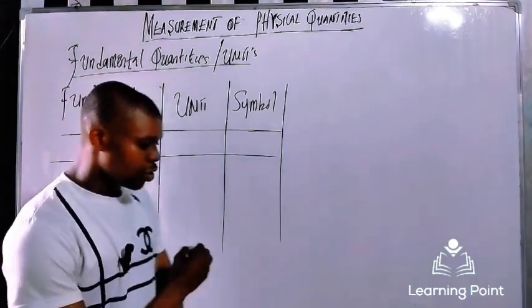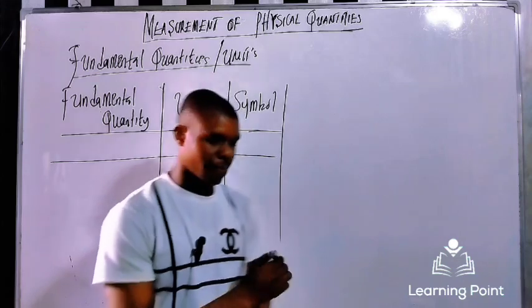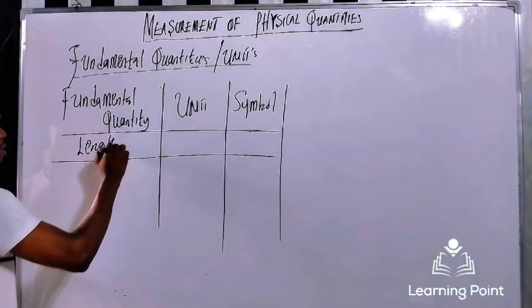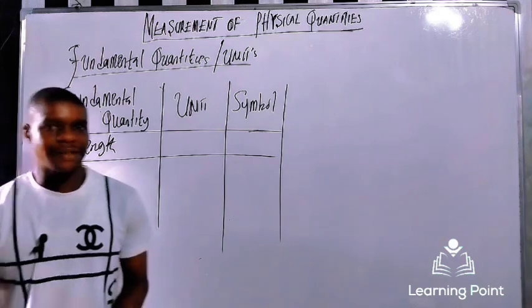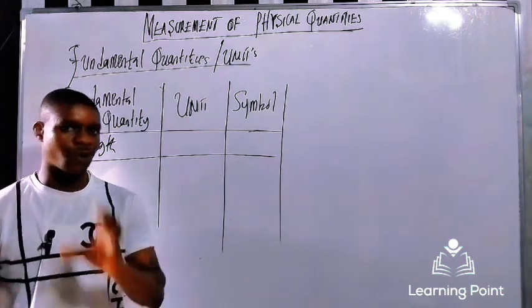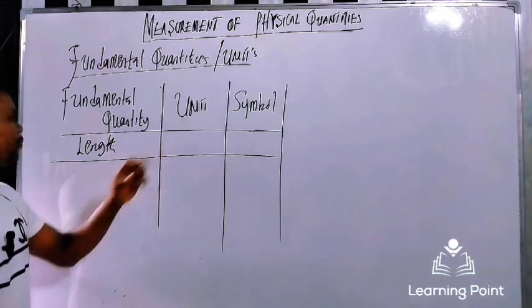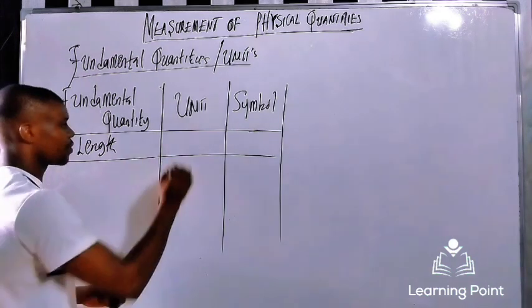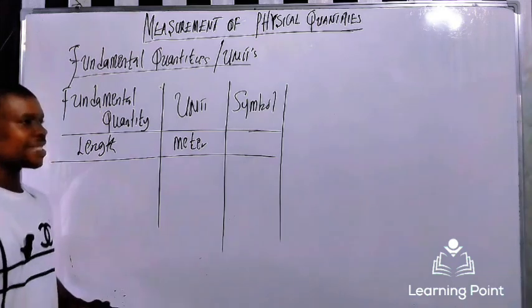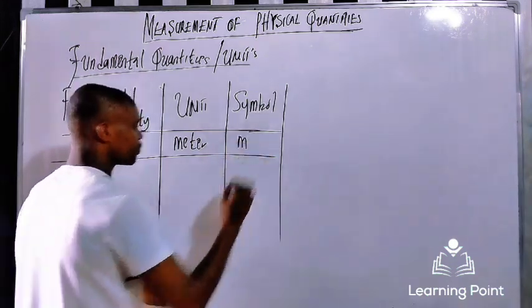The first one we want to talk about is length. Length, which you can also call distance or displacement, which we are going to talk about here. The unit of length is the meter, and the symbol is m.